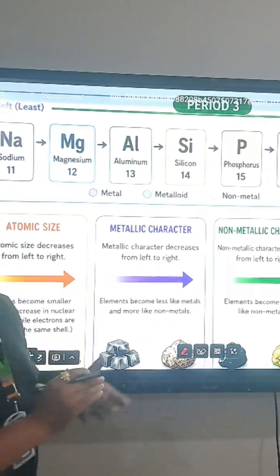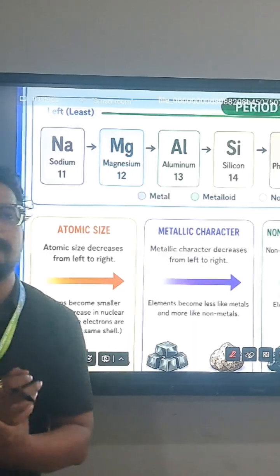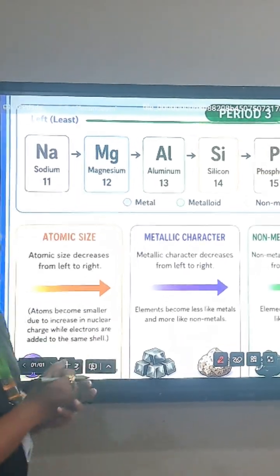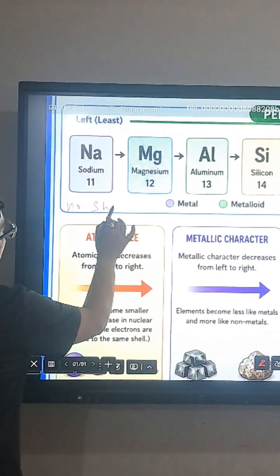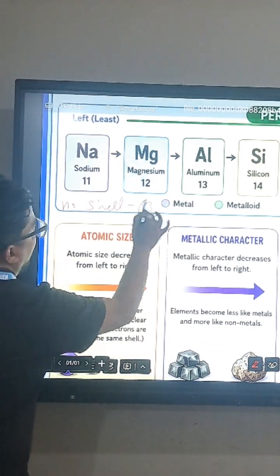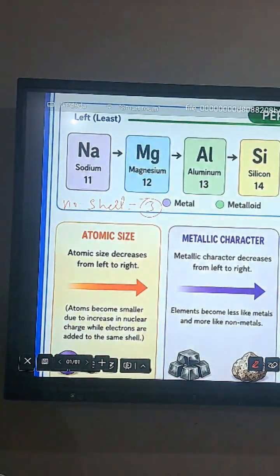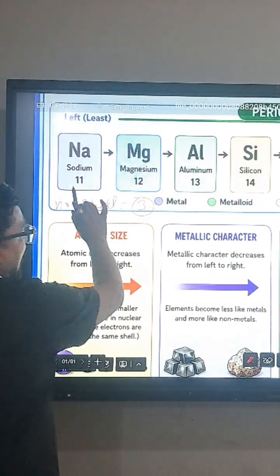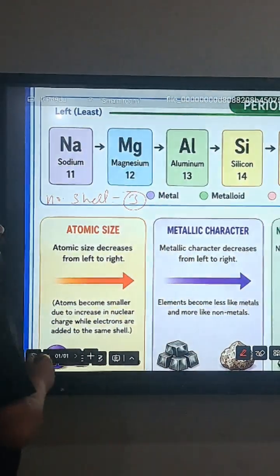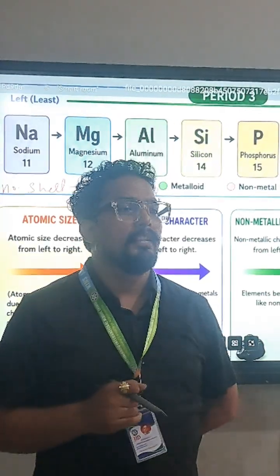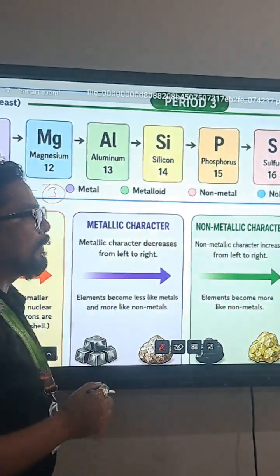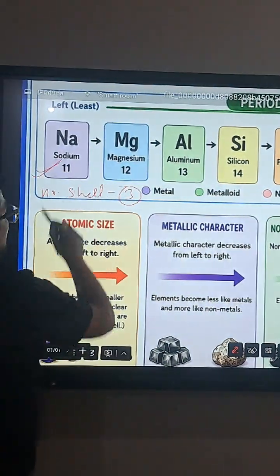So here the example we have taken is the third period. To understand the third period, the number of shells will be 3. Now, when we are moving from sodium to argon, keep one thing in your mind that in a period, the most reactive metal is always the first one.